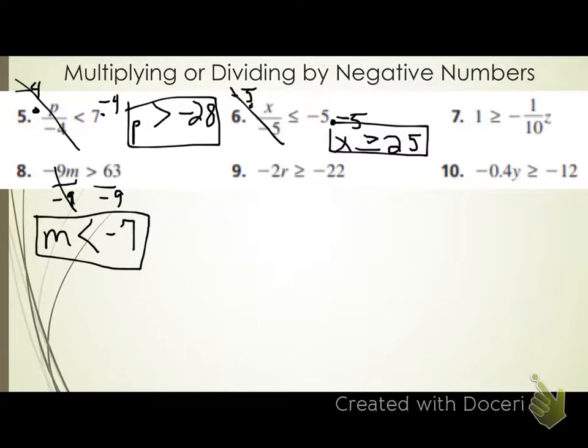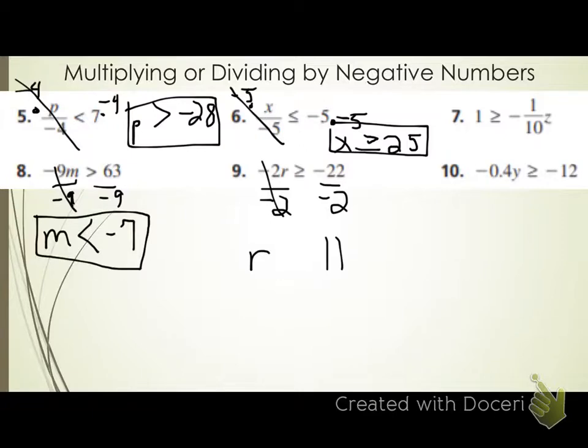Negative 2r is greater than or equal to negative 22. How do I get r by itself here? Divide by negative 2 on both sides. So I get an r over here. Please wait till I ask the question. What's negative 22 divided by negative 2? Positive 11. My bad.